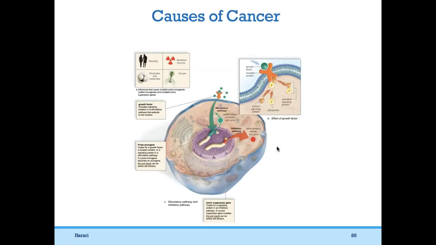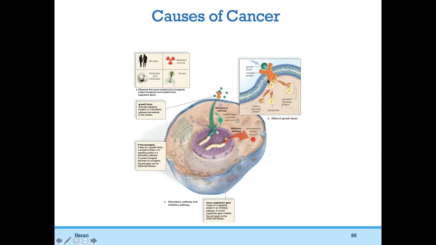So here is a summary slide from the book that talks about the causes of cancer. We said that mutated genes cause cancer. Those can be caused by radiation or viruses, hereditary causes, or other carcinogens like pesticides, right?